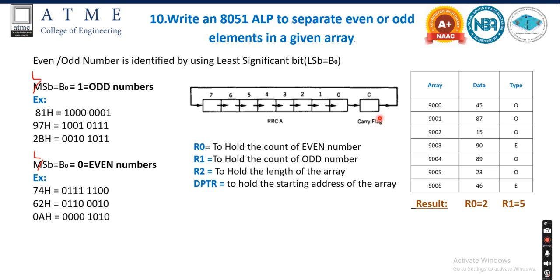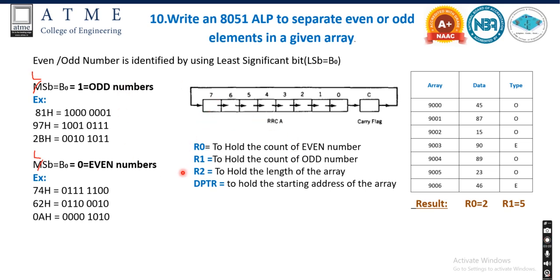So by checking the carry flag, we can decide whether the given number is odd or even. If the carry flag is 1, the checked number is an odd number. Respectively, we increment the counter.